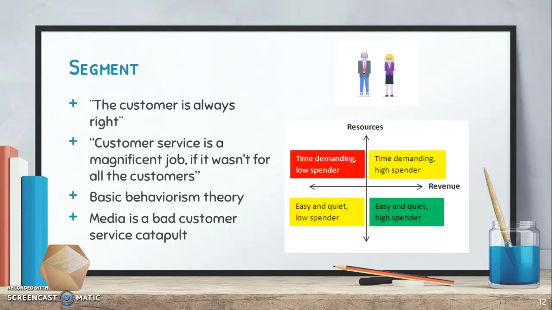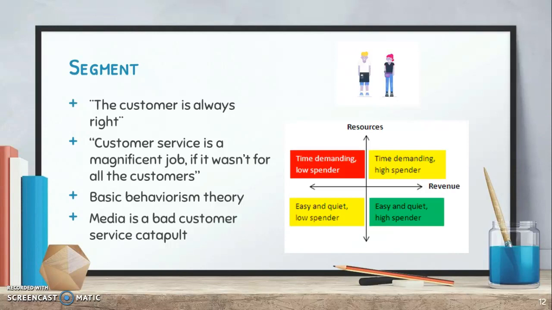If somebody's in this quadrant, we will try to get rid of them by not delivering the product or service they want, telling them, no, we do not do this, or increasing prices. There are different ways that we will talk about later on when we are building strategies.